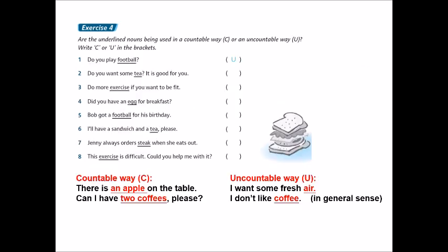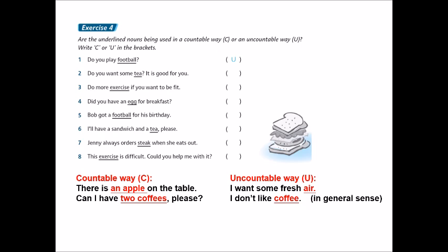Exercise 4. In this exercise, you have to decide if the underlined nouns are used in a countable way or uncountable way. If it is in a countable way, you put C in the bracket, and if it is in an uncountable way, you write U instead. Notice the examples below.